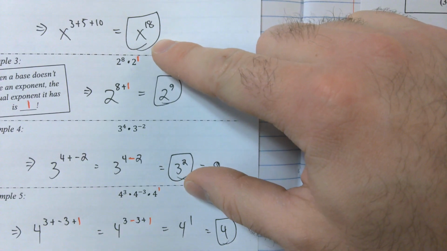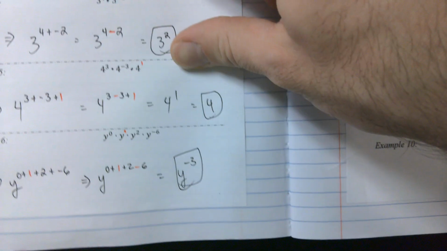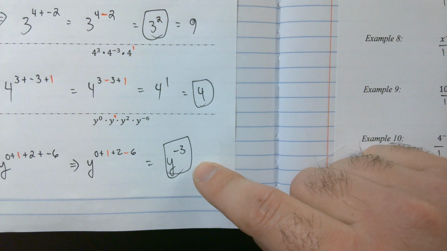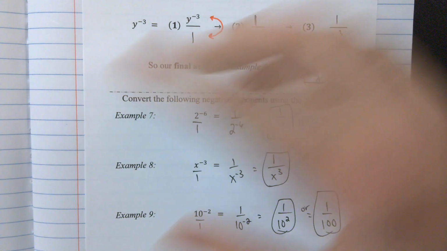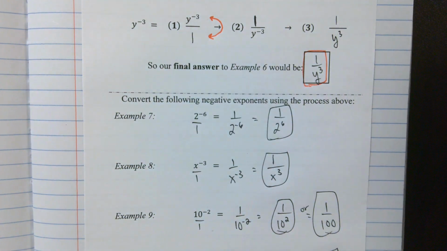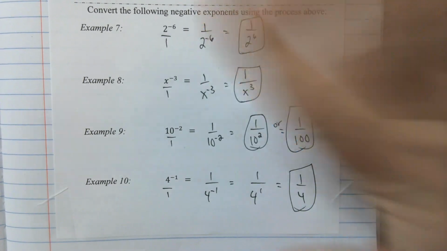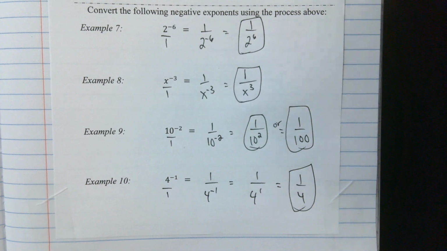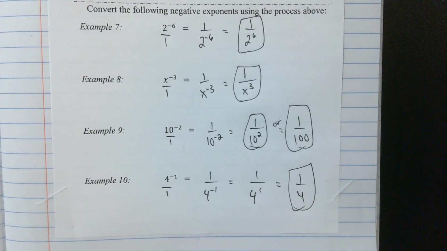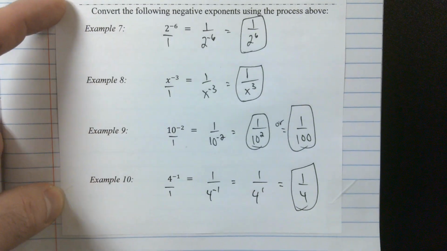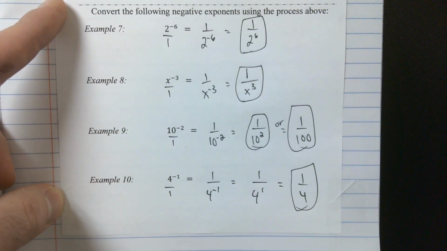Leave it alone. Don't touch it. But if you get a negative, you then have to refer back to these 3 steps. Take the reciprocal, make it positive. Now that is your final answer. All right? Any questions I can answer about making negative exponents positive? Seems fairly easy, right? Okay.